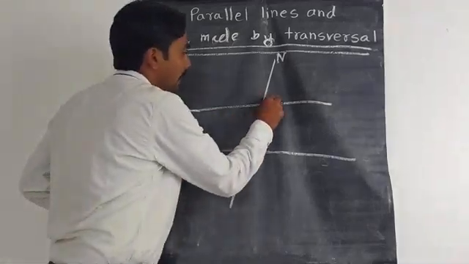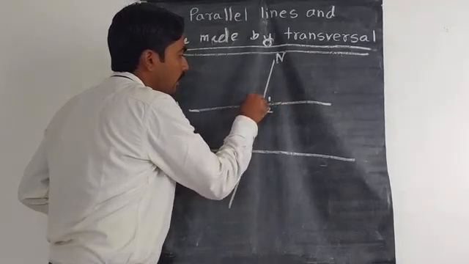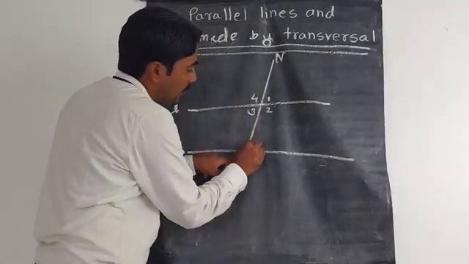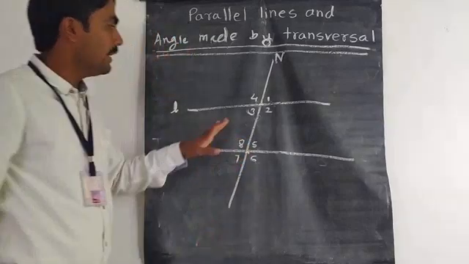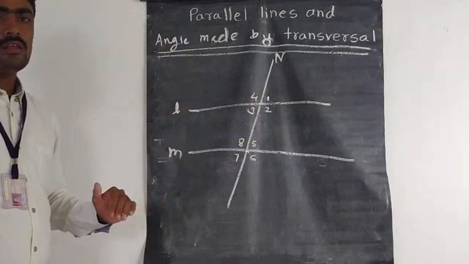That is angle 1, angle 2, angle 3, angle 4. Again for this point I will name it as angle 5, angle 6, angle 7, angle 8. These are the angles made by transversal.